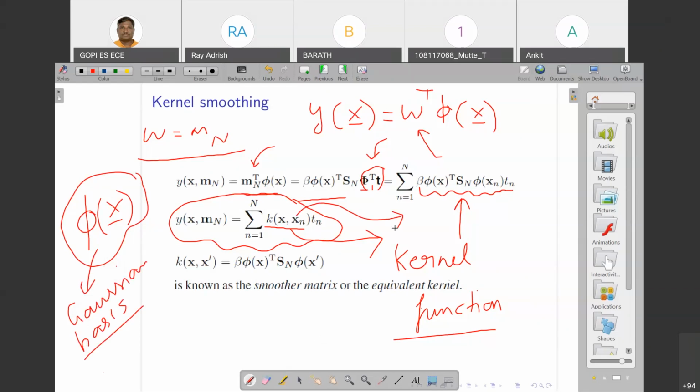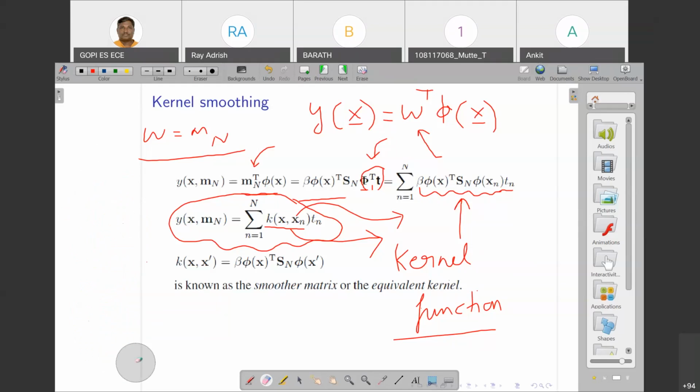In that case, we call it a Gaussian kernel, right? We have a list of valid kernel functions available to do this particular task. The list I will discuss in the next class. The slide I will show you later on, right?